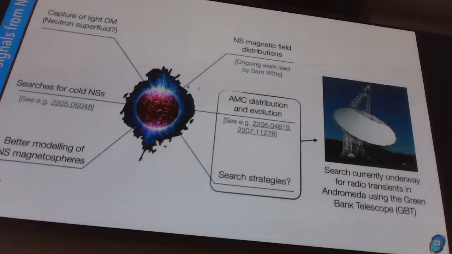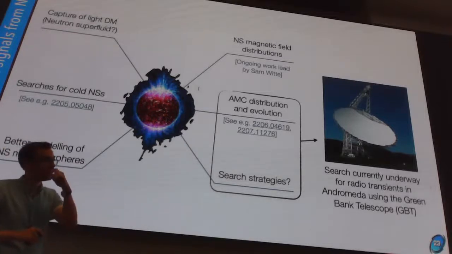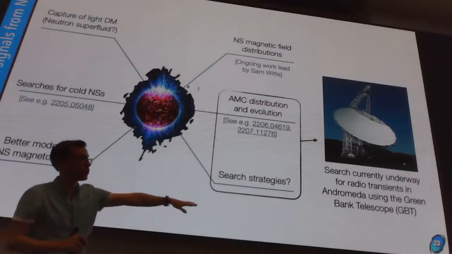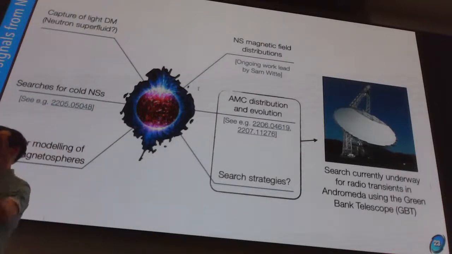But I'm particularly excited about the fact that we're actually doing these observations right now, looking for these radio transients. With some colleagues at the University of Virginia, we're using the Green Bank Telescope to look at Andromeda. If you look at Andromeda, you can almost image the whole galaxy in one go and look for these radio transients. Hopefully in the next 6 months or so, we should have some results on that search.